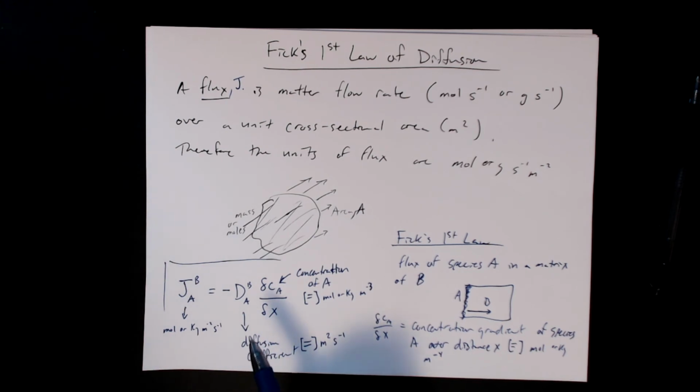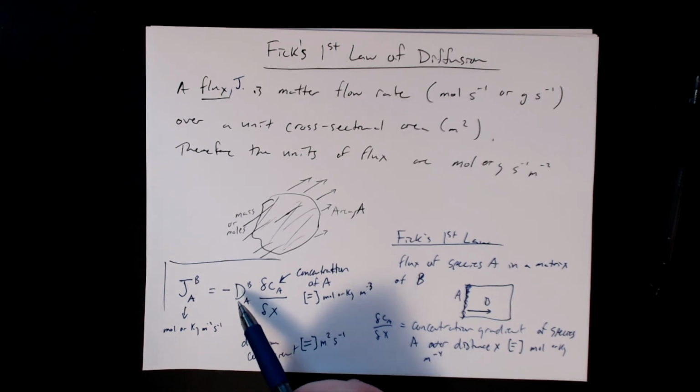So that's Fick's first law, and that's the simplest case of diffusion. And so in the next module, we're going to examine this idea of the diffusion coefficient or diffusivity a little bit more. We're going to investigate that idea in terms of self-diffusivity. So that's what we'll do next.